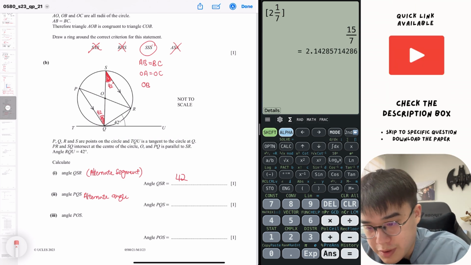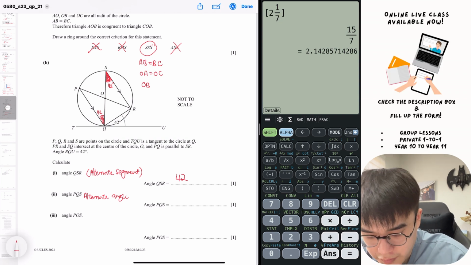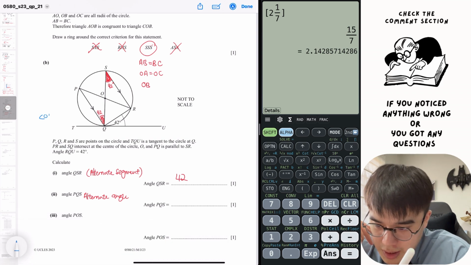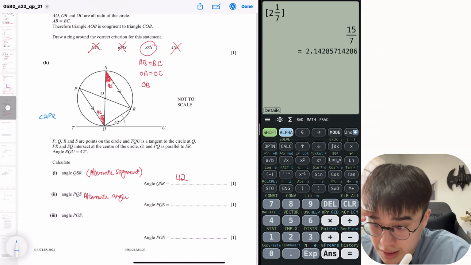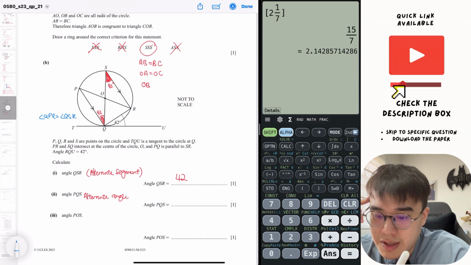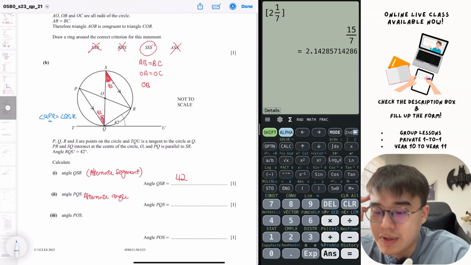Okay, so POS, first of all, things that you have to take note is angle QPR is the same as QSR because they are both 42-degree or angle from the same segment.